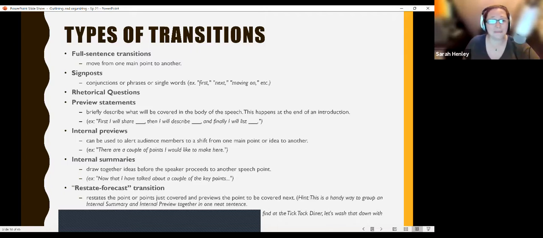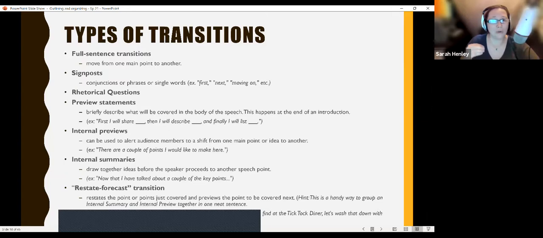So you might see previews and summaries and something called a restate forecast. A preview statement is something we talked about last time. That's what appears in your introduction that prepares your reader for the different portions of the speech. First, I'm going to talk about this, then I'm going to describe this other thing, and then finally we're going to talk about this. So at the end of your introduction, you are setting the roadmap for the speech.